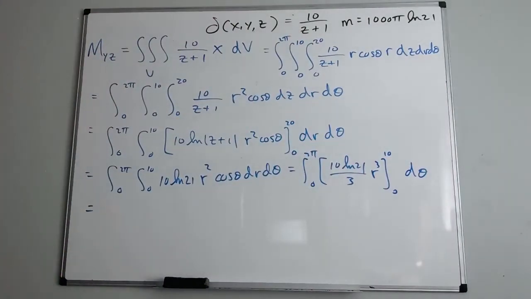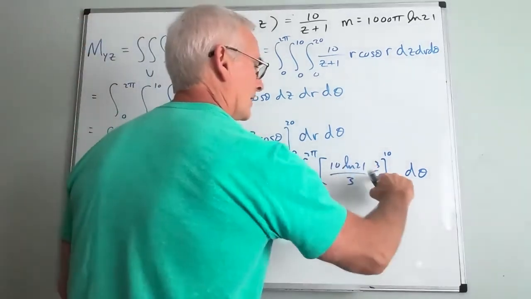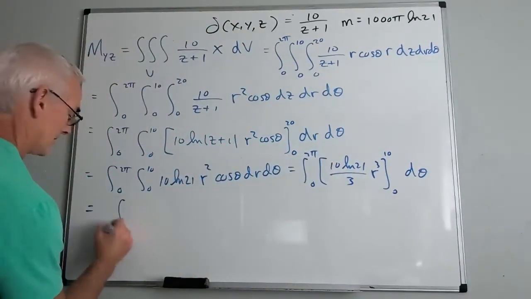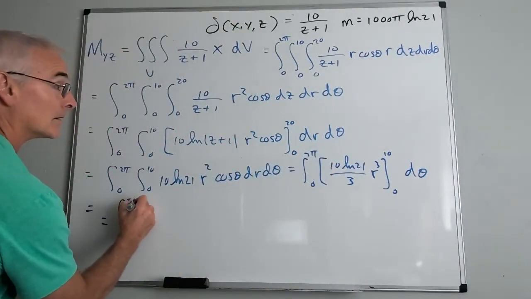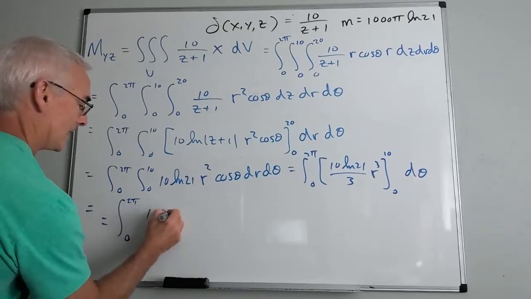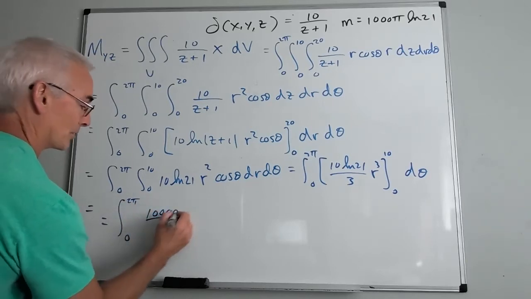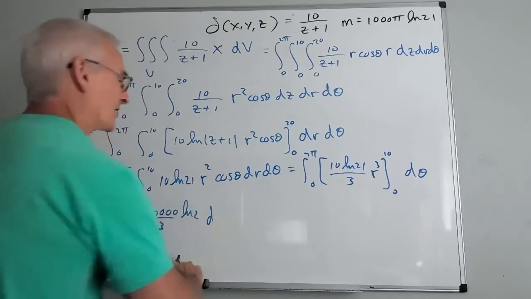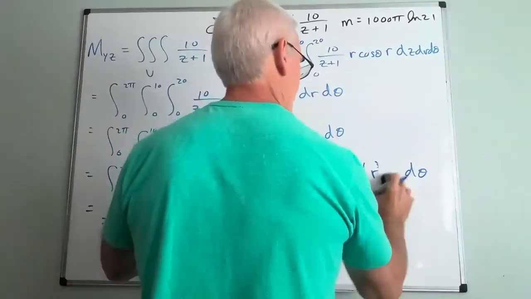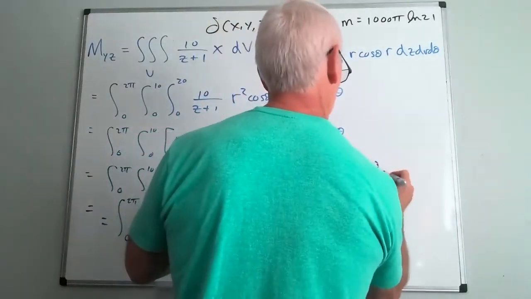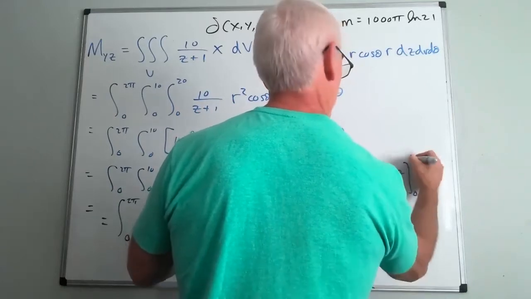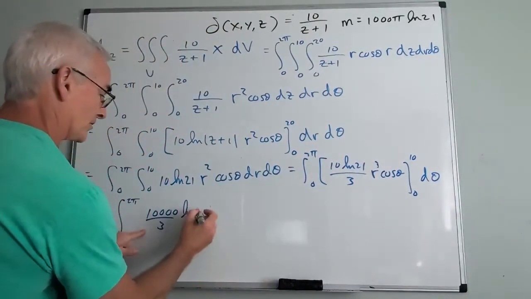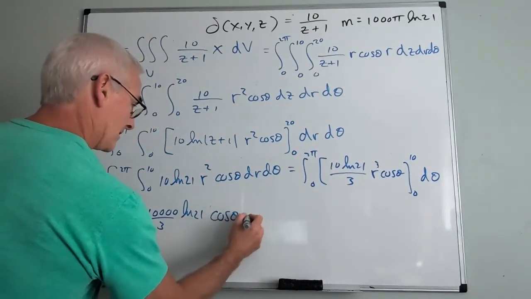That's going to be 1,000, I already had a 10, so now that's 10,000 thirds log 21. Whoops, I lost something. Sorry, I lost the cosine. I need that cosine theta in there. There we go. So 10,000 thirds log 21 cos theta d theta.